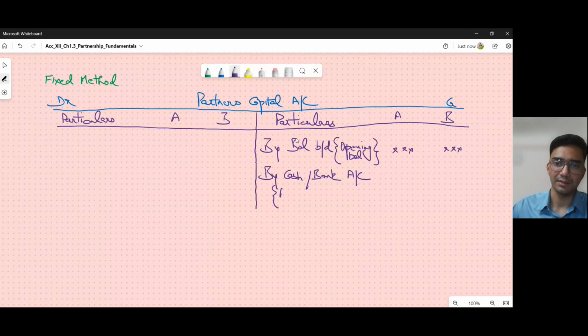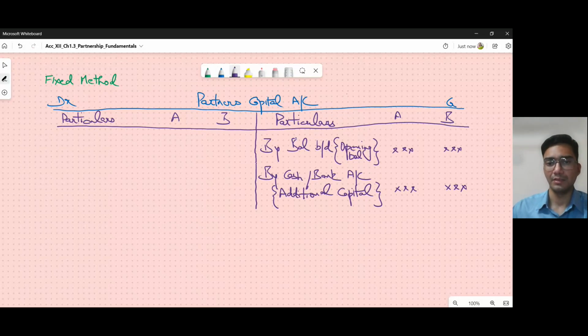In brackets, I will write this as additional capital, and I will show this on the credit side as the second item. So let's say these are two partners. Initially, partner A brought in a capital which is written in the first entry on the credit side. Partner B brought some capital written as the first entry on the credit side.